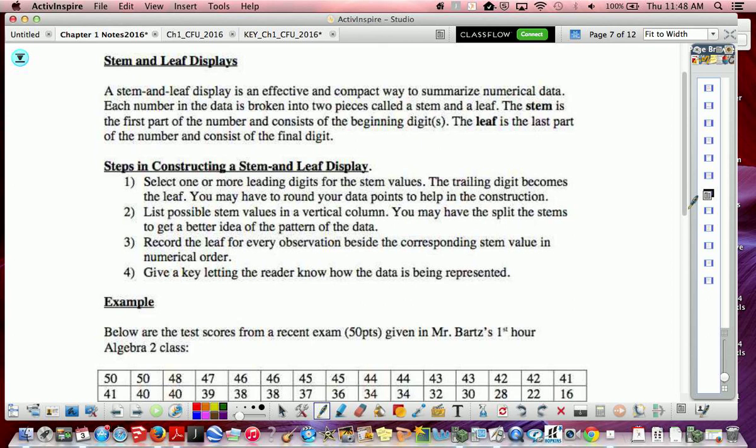In a stem and leaf, the data is broken into two pieces: your stem and then your leaf. The stem is the first part of the number, consisting of the beginning digit or digits. If you have a 3-digit number, you'll use the tens and the hundreds digit as part of your stem. The leaf will consist of the last and final digit.